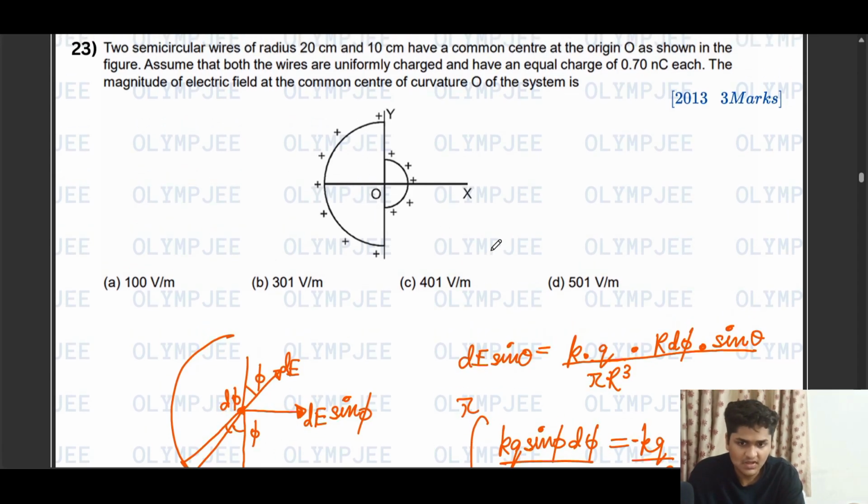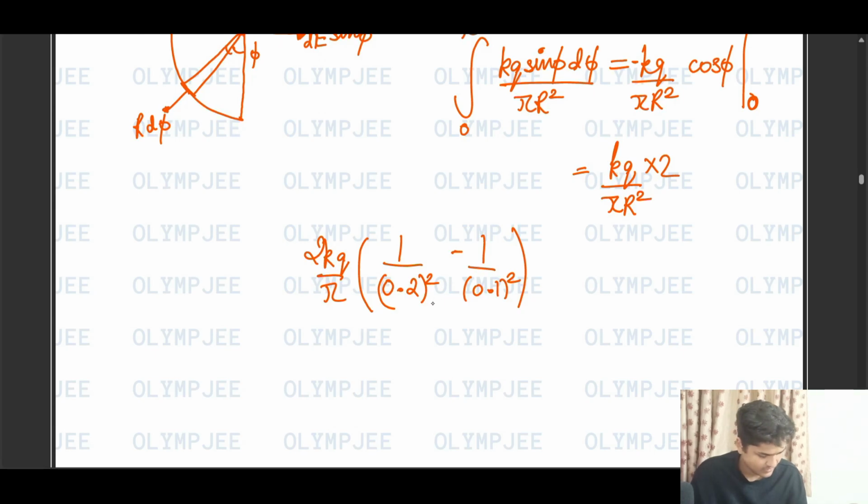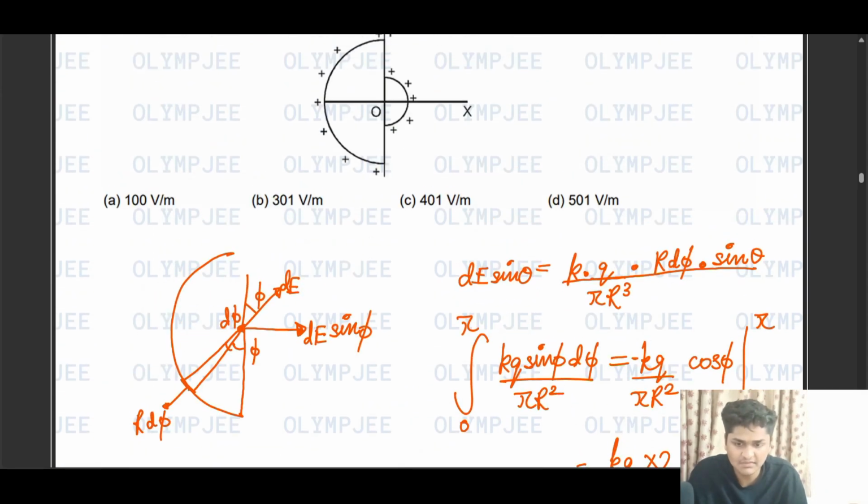So 20 and 10 are the radii, so this will give us the answer as 301 volt per meter. You can calculate.